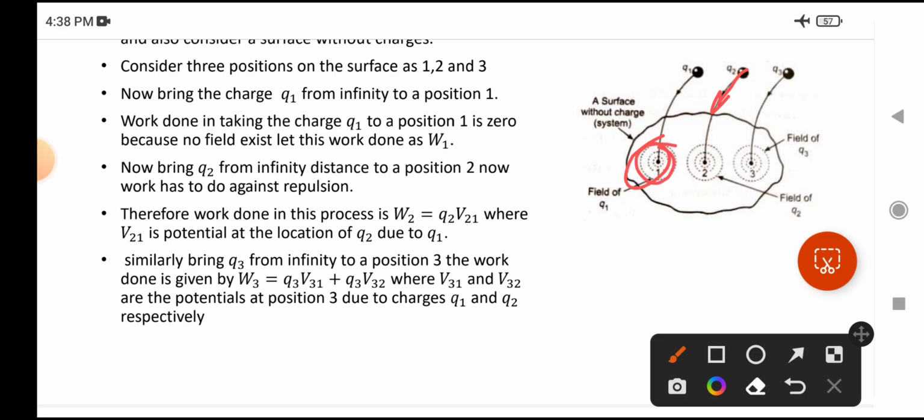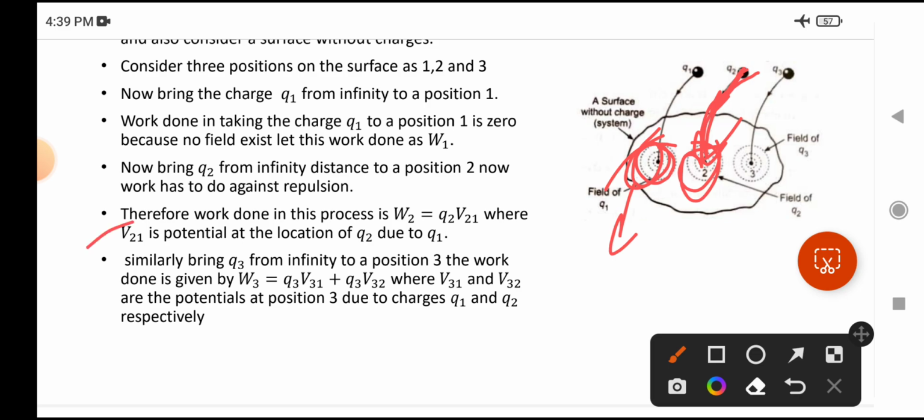So if you bring it against repulsion, then we must do work. Without doing work this charge cannot come to the second place, it cannot occupy the second place. That is why against this repulsion we have to bring this charge, so we must do the work.